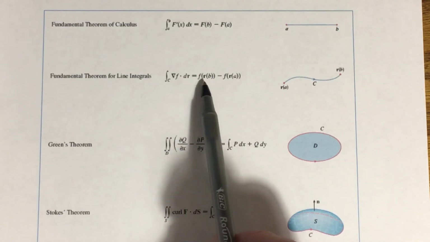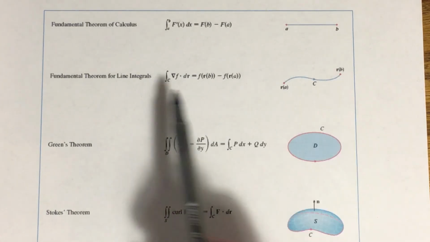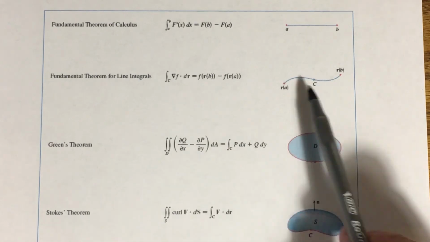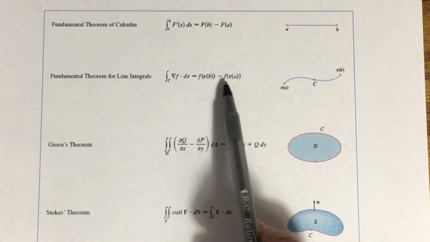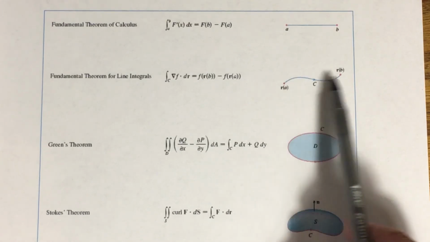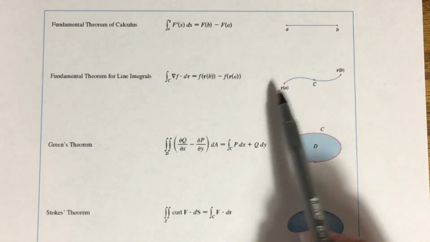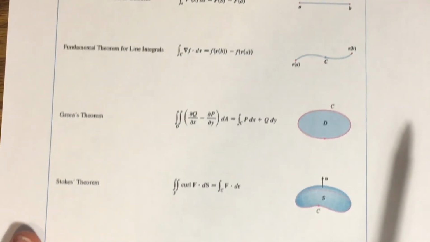Okay? Same thing is happening here. Remember, r is the parametrization of the curve C. In the fundamental theorem for line integrals, the curve C that we're integrating across is a curve, but f of r of b minus f of r of a is the endpoints of that curve. So we can evaluate the integral along this entire curve simply by using the endpoints with this antiderivative of sorts.